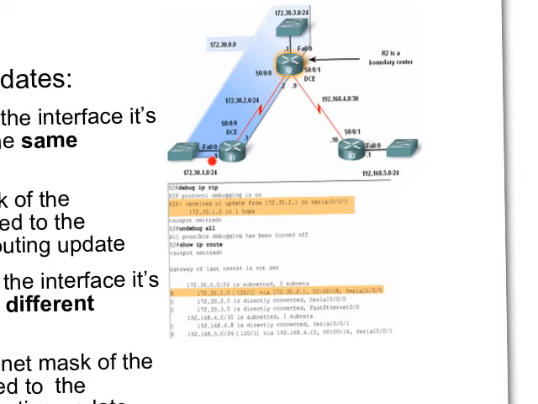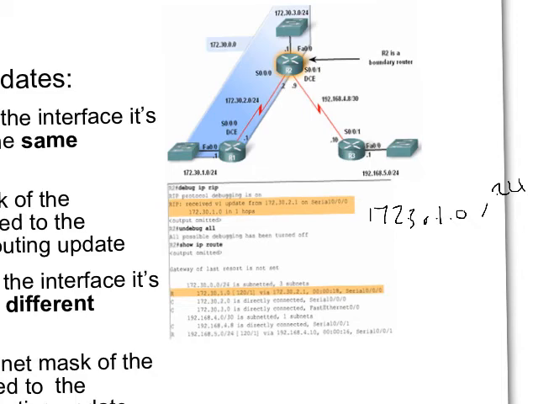It will have explicitly in the routing table an entry for 172.30.1.0 with a subnet mask of /24.